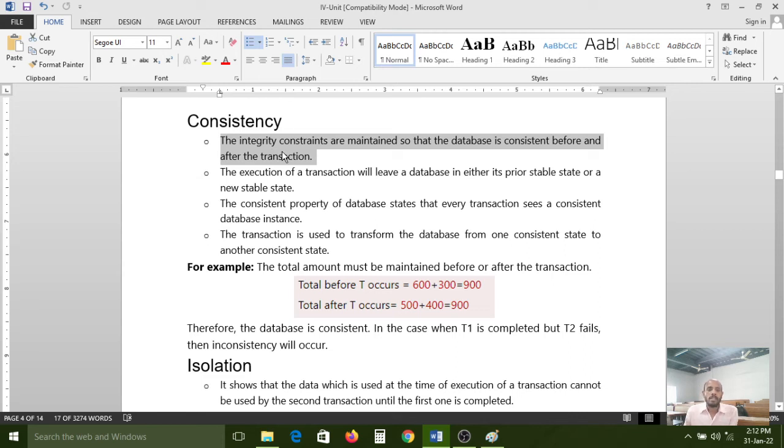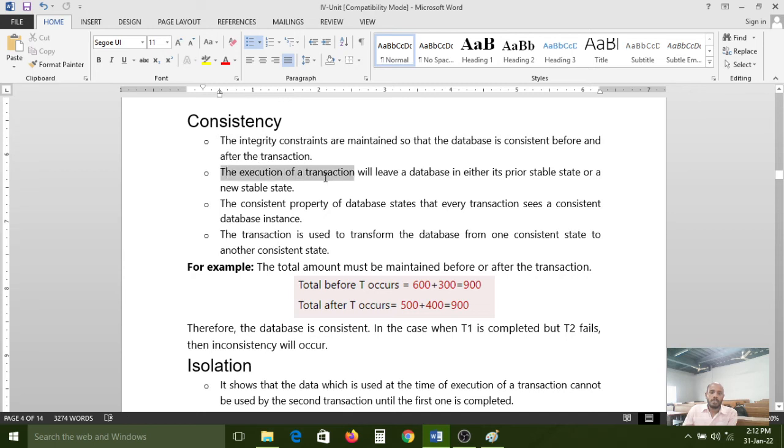Those integrity constraints perform special operations on the data. If you use data integrity constraints while creating the table, the table accepts only unique, correct, consistent data. So that is the meaning of consistency.